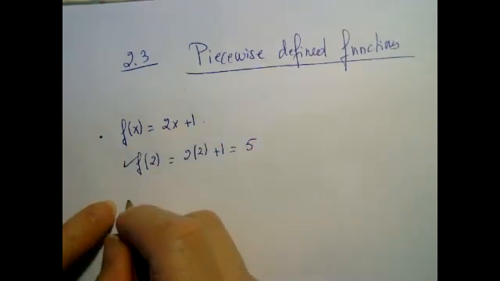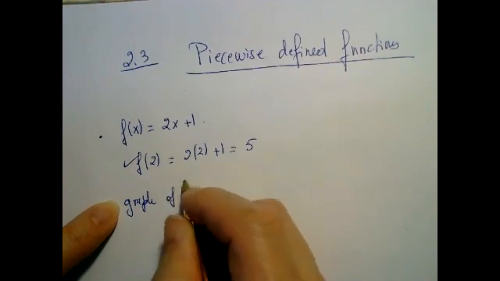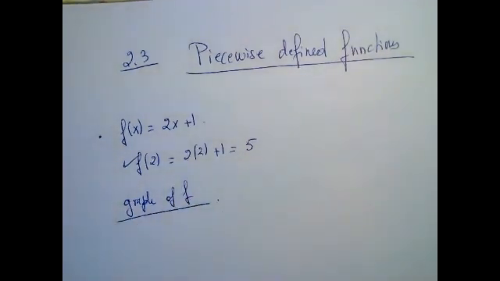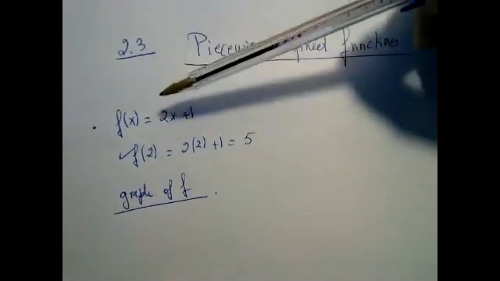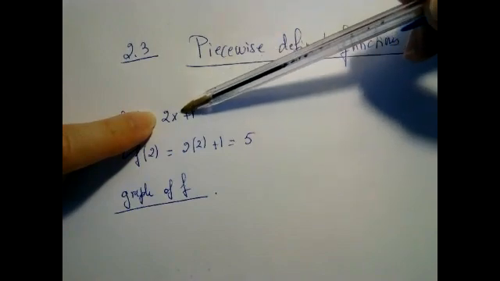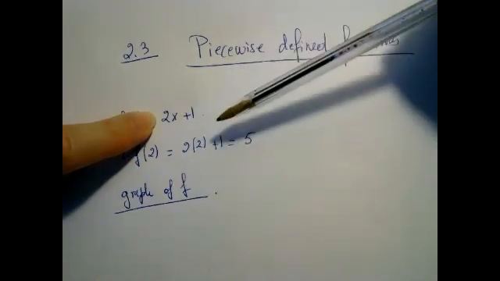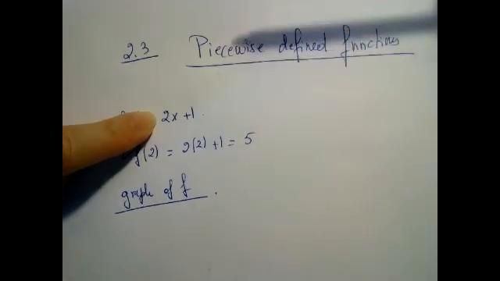And suppose I tell you sketch the graph of the function f. First, we should notice that this is a linear function because it has the form mx plus b. It's linear, which means that the graph has to be a line.